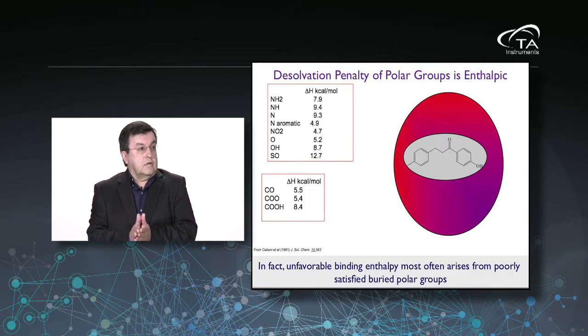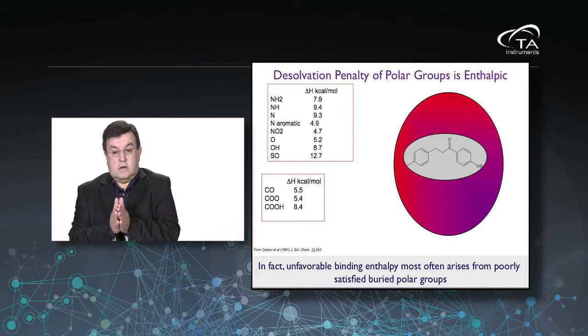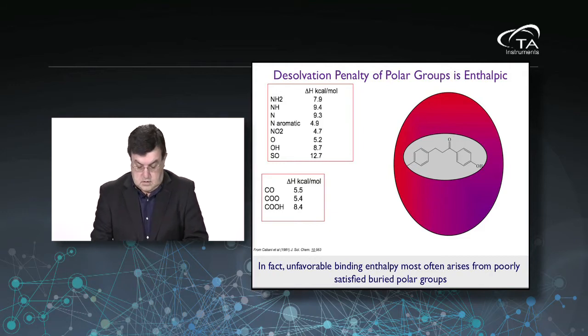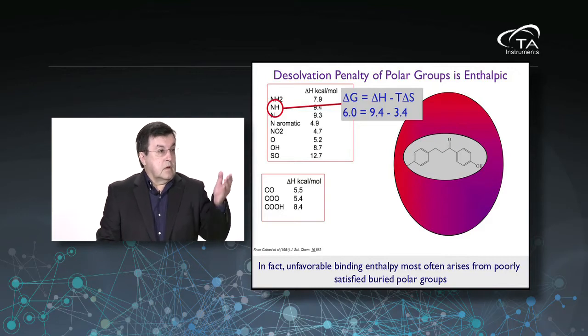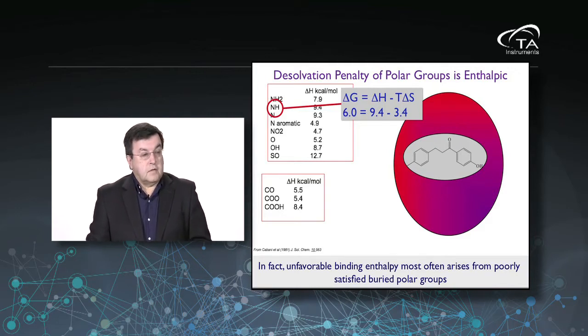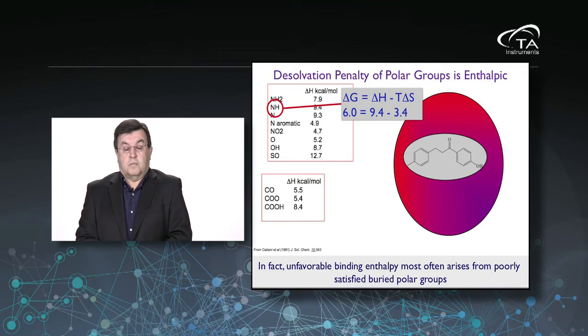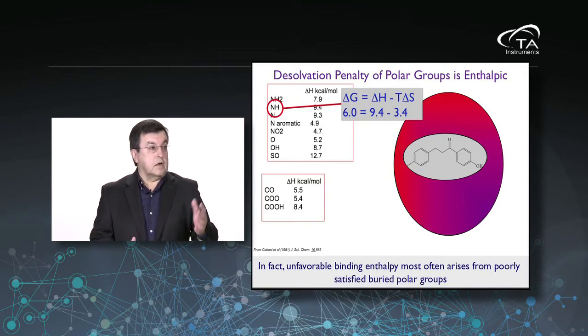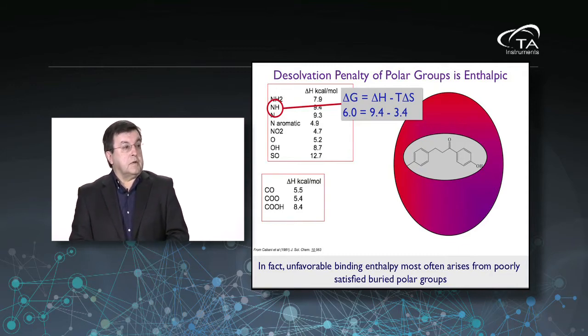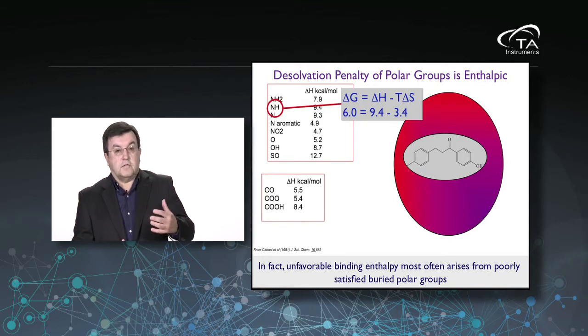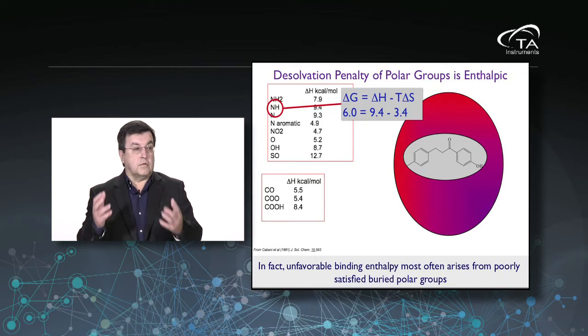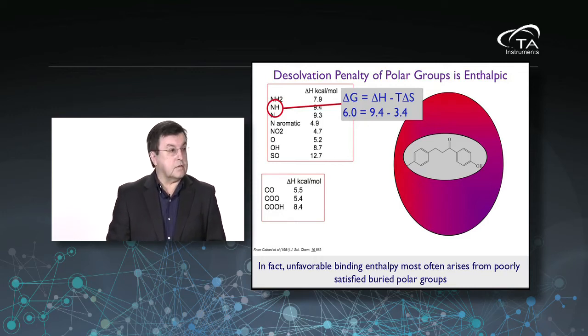The origin of the desolvation penalty is enthalpic. If we take, for example, an amino group, as we saw in the previous graph, the energy penalty of desolvation is 6 kcal per mole, but the enthalpy penalty is 9 kcal per mole. And the entropy is obviously favorable because desolvation always releases water. That is a favorable process.